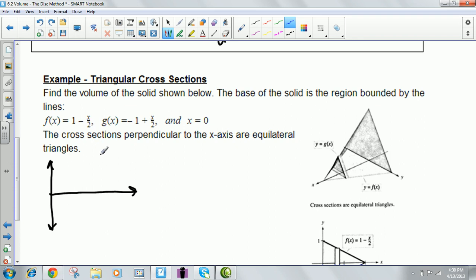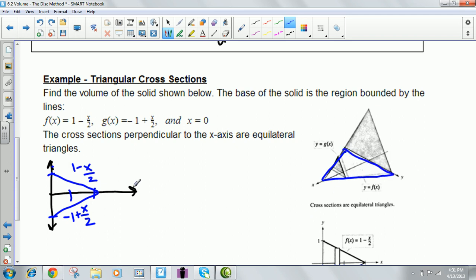And then if I sketch these, you would have f of x, from 1, 2, 1, 1. So this is f of x, which is 1 minus x over 2. And then this one is g of x, which is negative 1 minus x over 2, or if you distribute that negative in, negative 1 plus x over 2, like you see above. So these were what the base looks like. That's this part here.